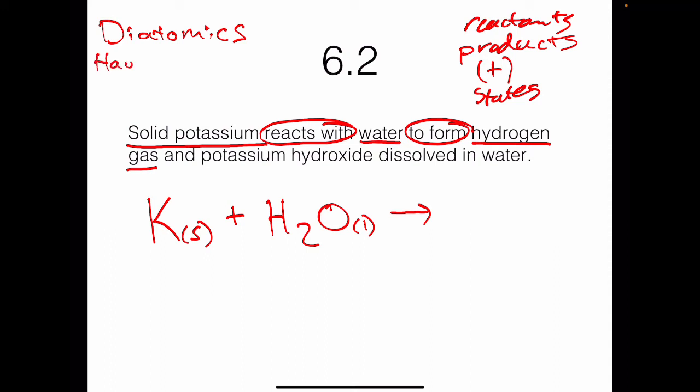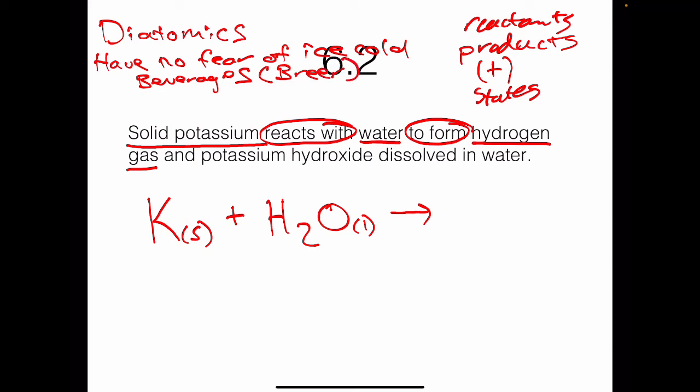There are other ways to remember this also. One of the ways is to say "no fear of ice cold beverages," or some people might say "Brinclhof," to remind yourself which elements you're looking at, because the first letter of each of these words gives you a hint as to one of the diatomics.